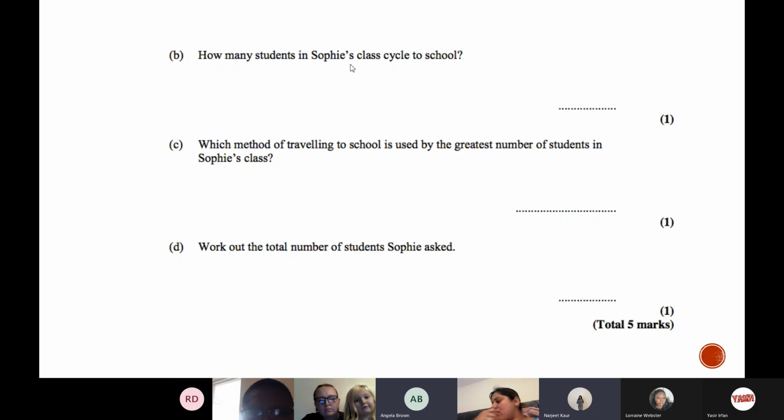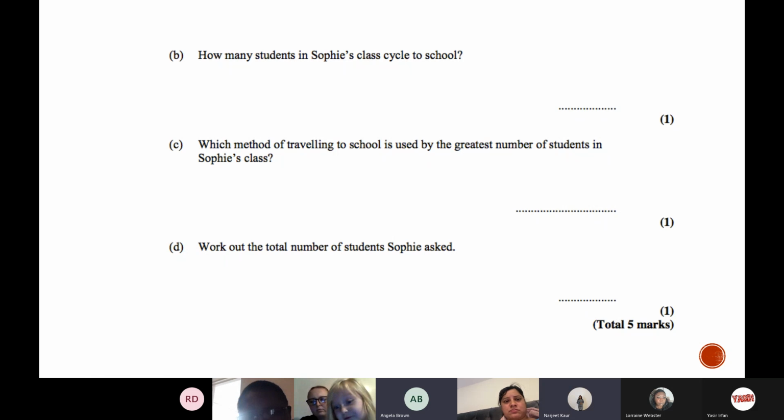How many students in Sophie's class cycle to school? From your drawing, you should be able to tell how many students cycle to school, which method had the greatest number of students travelling, and the total number of students asked. How many students did she ask?